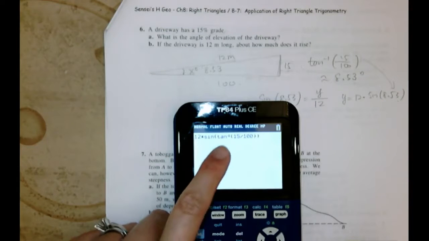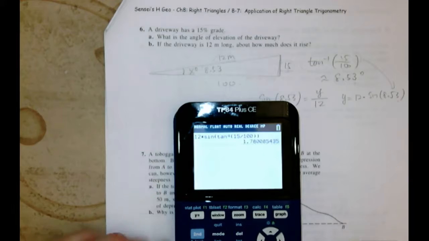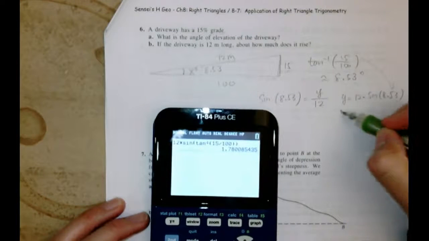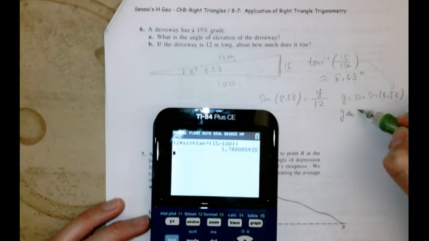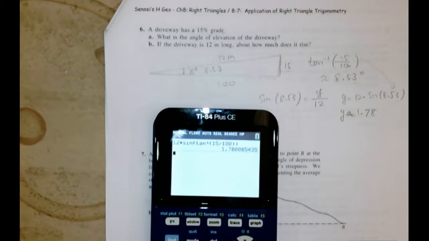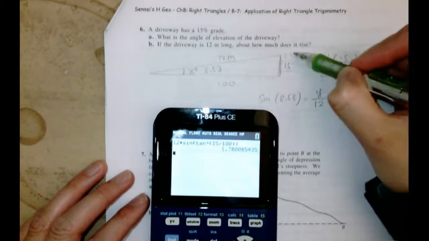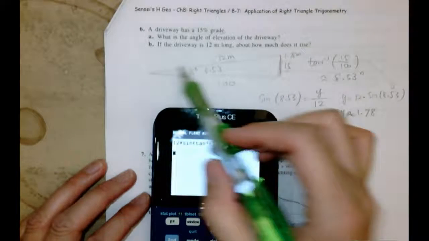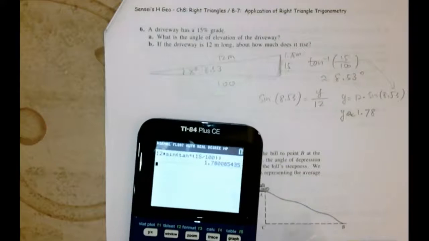Okay, the tangent inverse will give you the angle, so then sine of that angle, enter, and y is approximately 1.78. Okay, so this is going up by 1.78 meters when the driveway is 12. Okay, so these are that kind of problem.